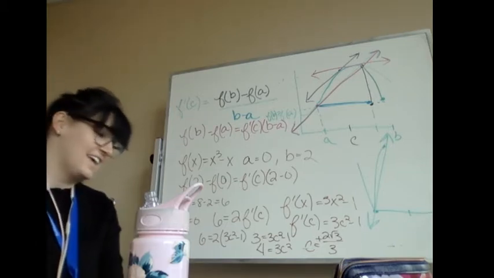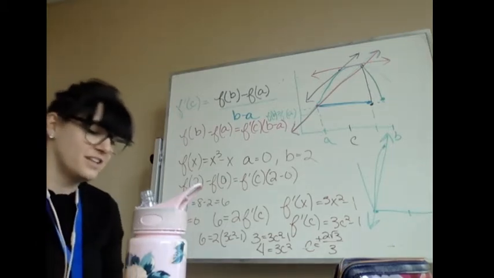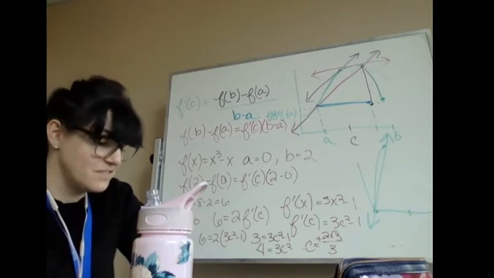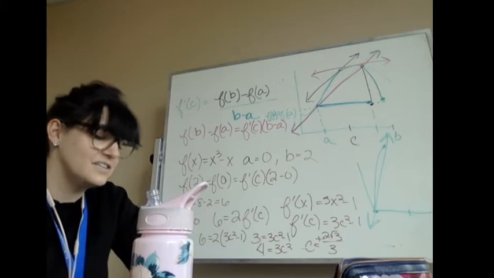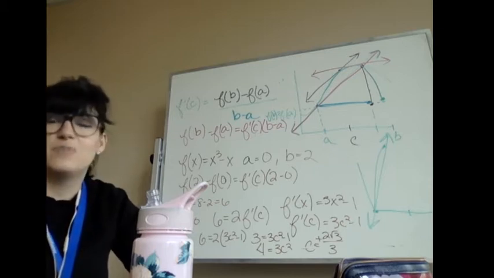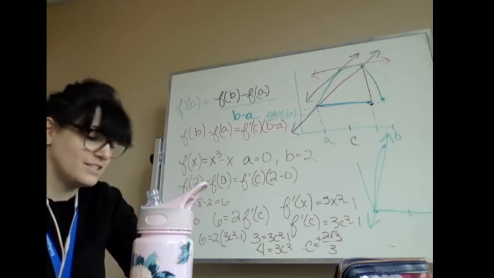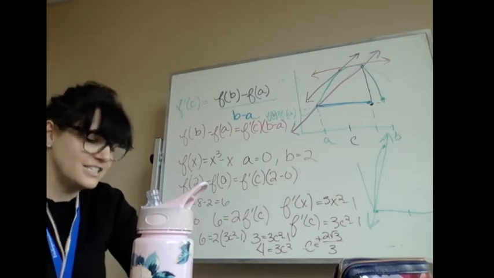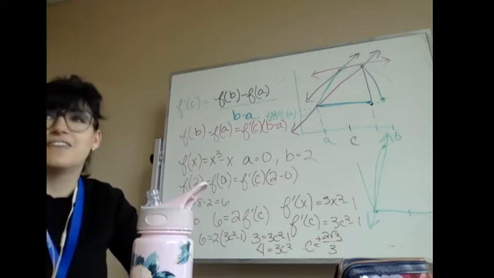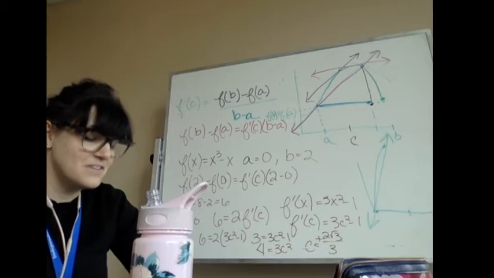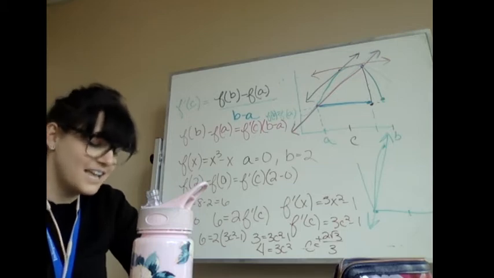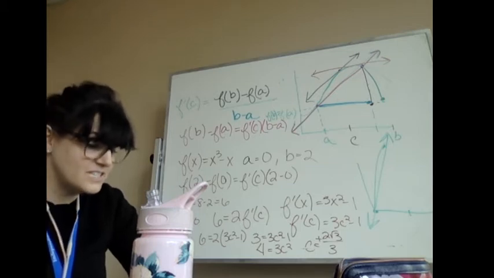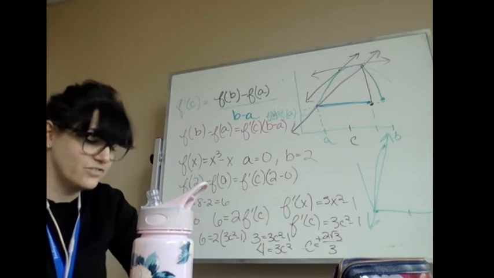Okay. If an object moves in a straight line with a position function s equals f of t, then the average velocity in between t equals a and t equals b is f of b minus f of a over b minus a. And the velocity at t equals c is f prime of c. Thus, the mean value theorem tells us that at some time t equals c between a and b, the instantaneous velocity f prime of c is equal to that average velocity.